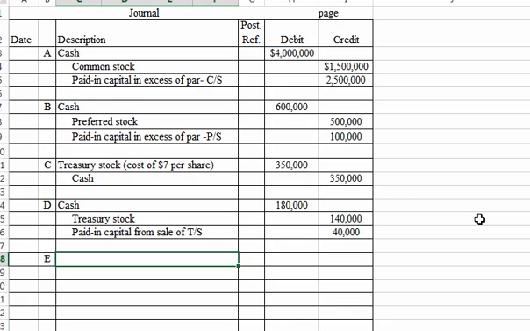All right, then on E, we sold 5,000 shares of treasury common for $6 a share. So here we sold them at an amount less than they cost. So we're still going to debit cash. How much cash was received? 5,000 shares times $6 each. It's 30,000.